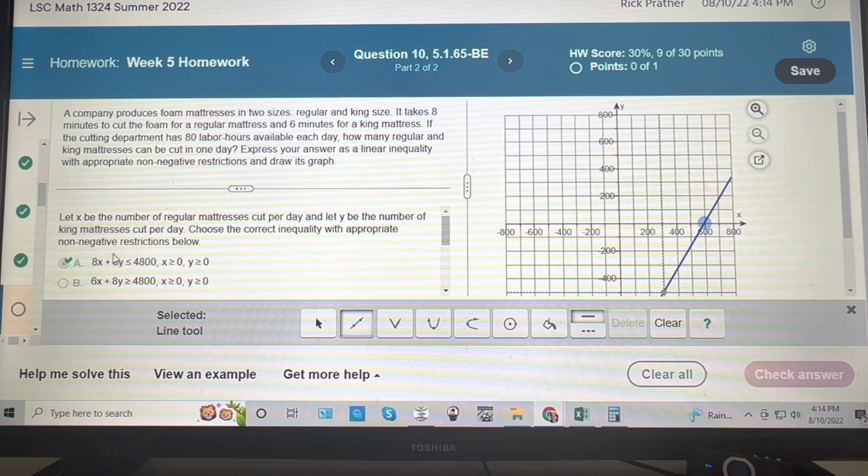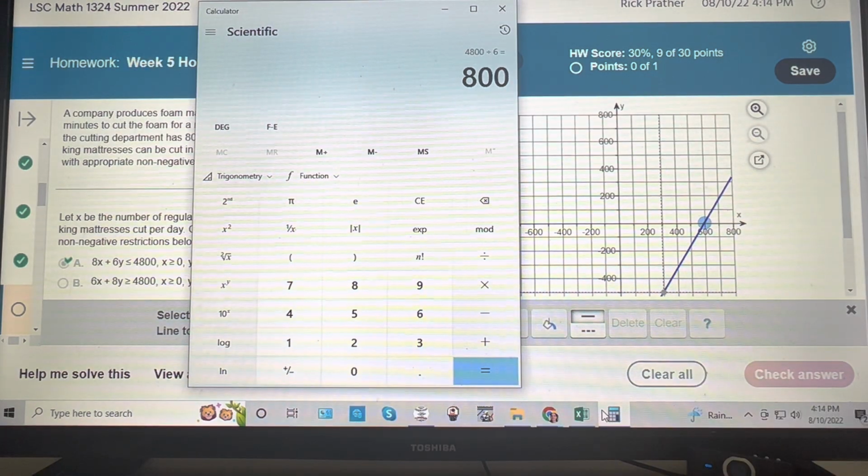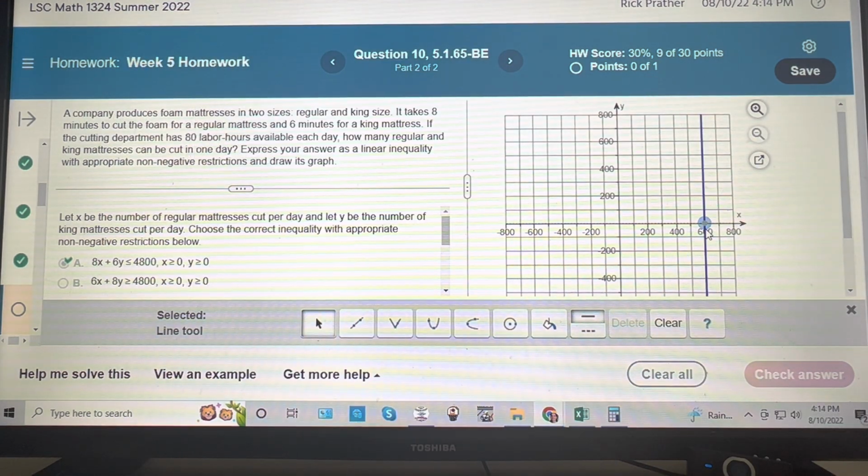And then if you plug 0 in for x, you'll be left with 6y equals 4,800. So 4,800 divided by 6 will get you the y-intercept, 800. And of course, we need the x and the y-axis too.